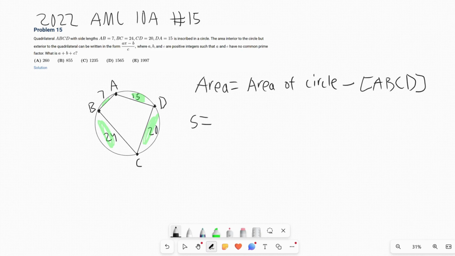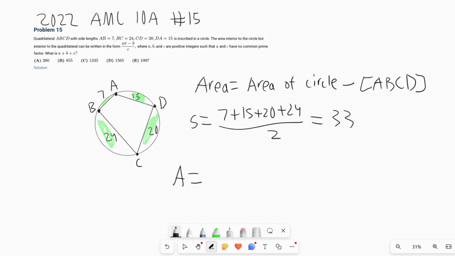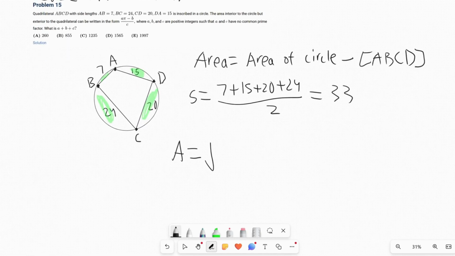Let's start off with the semi-perimeter. 7 plus 15 plus 20 plus 24 divided by 2, and we get 33, which means the area is equal to the square root of 33 minus 7, which is 26, then times 9, times 13, and 33 minus 15 is times 18.